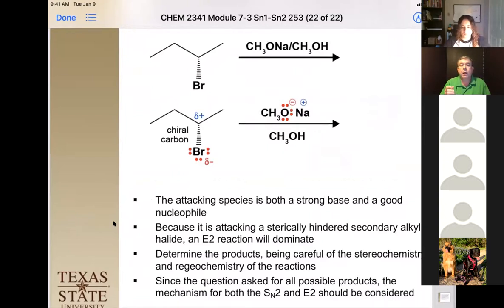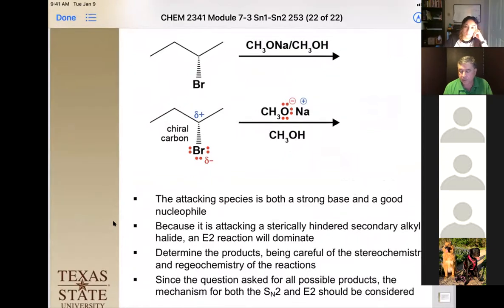When you have that secondary halide, it is slightly sterically hindered compared with the primary alkyl halide. Once you see that it's slightly sterically hindered and you have an alpha proton right here, that means in the secondary system with a strong nucleophilic base, E2 will dominate.